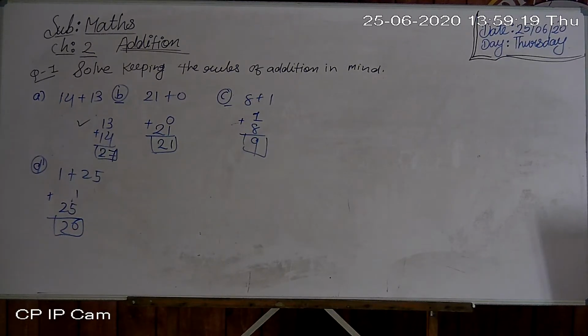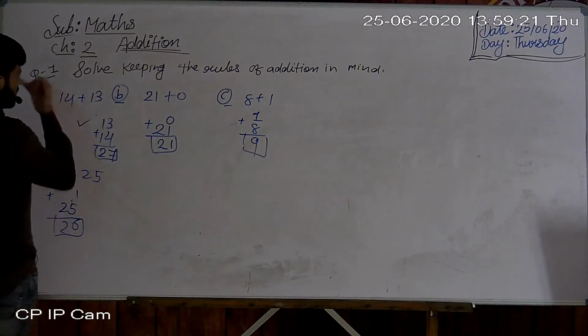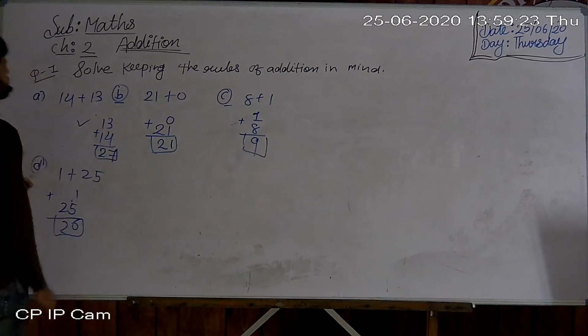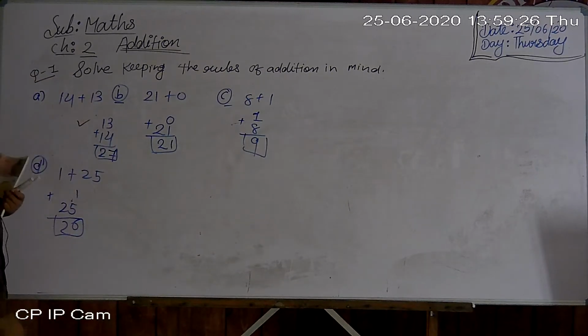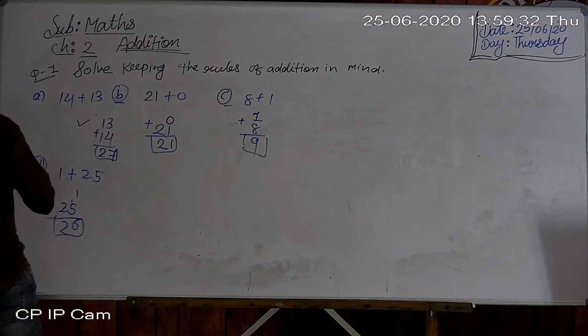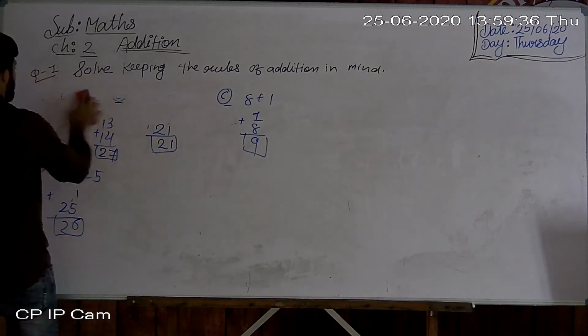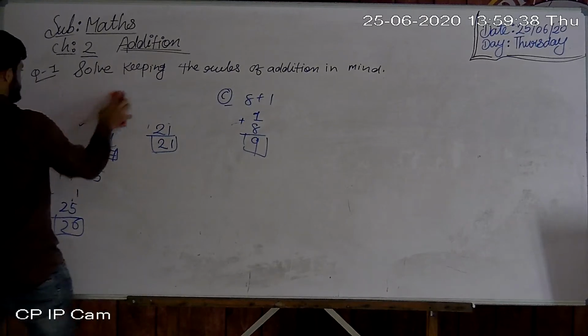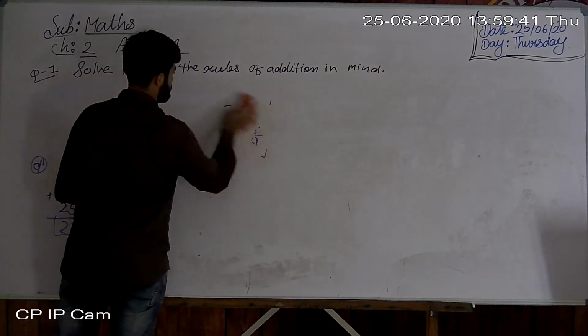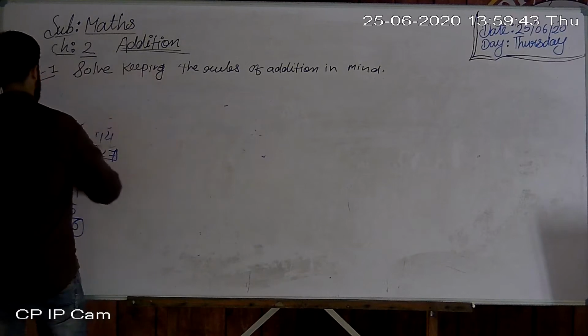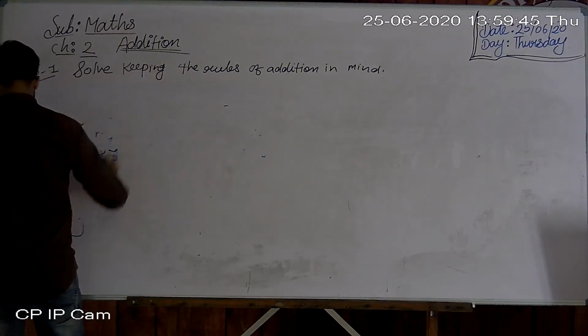That is our first question, solving while keeping the rules of addition in mind. This question does not need to be written in your fair books. Whenever I tell you so, only the exercise we write in our fair book. So let's start question number two.